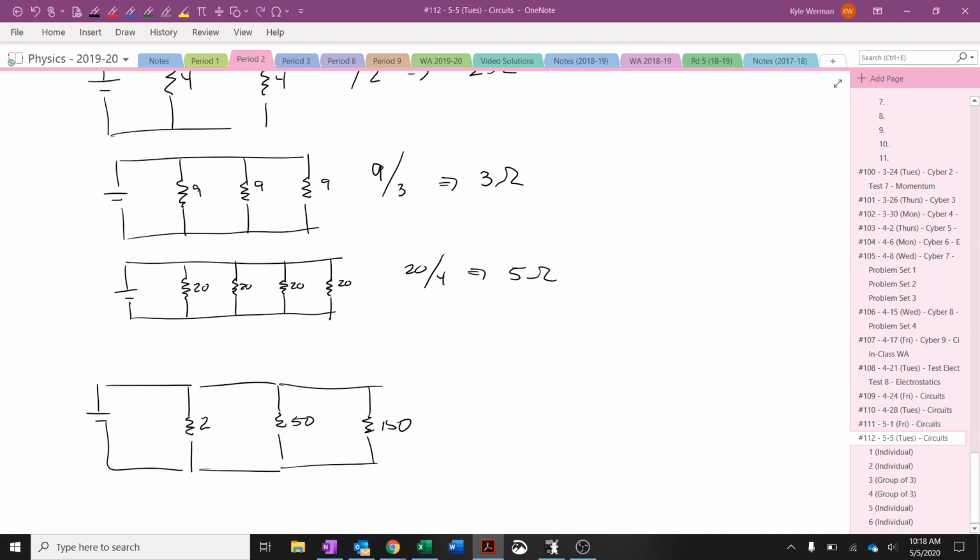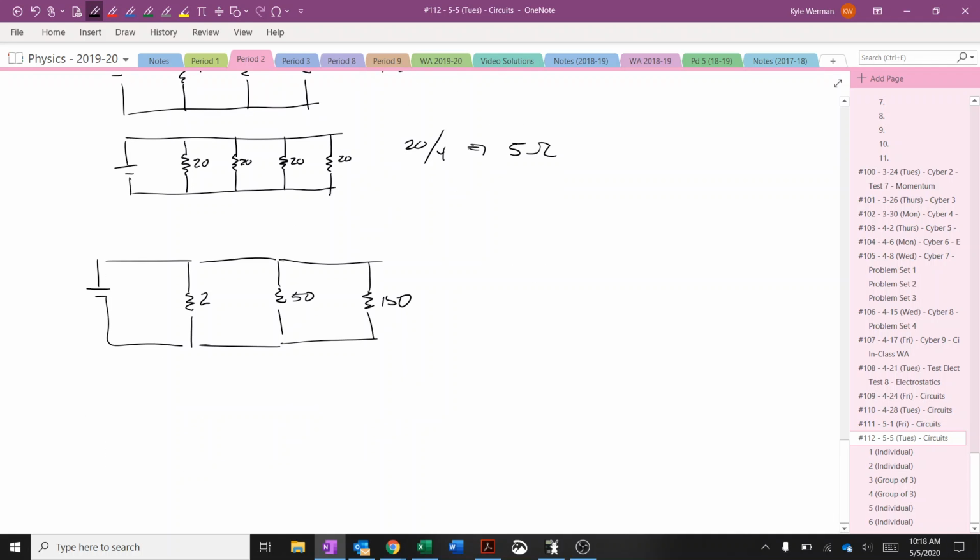Well, a lot of guys are going to estimate some kind of big number because you got all these numbers in there. But it turns out, if I were to calculate this, I would have 1/2 plus 1/50th plus 1 over 150, the whole thing over 1, right? There's REQ. It turns out that that value is only 1.9 ohms.